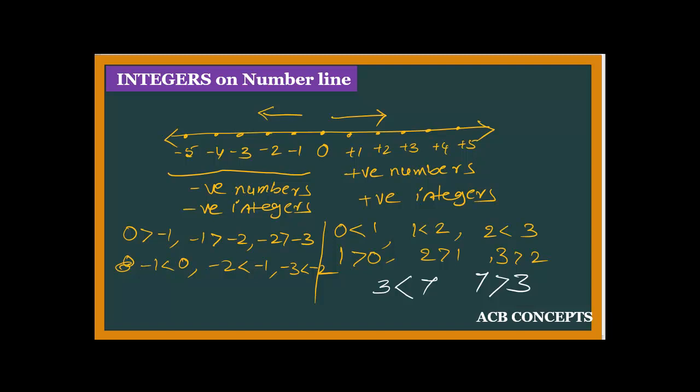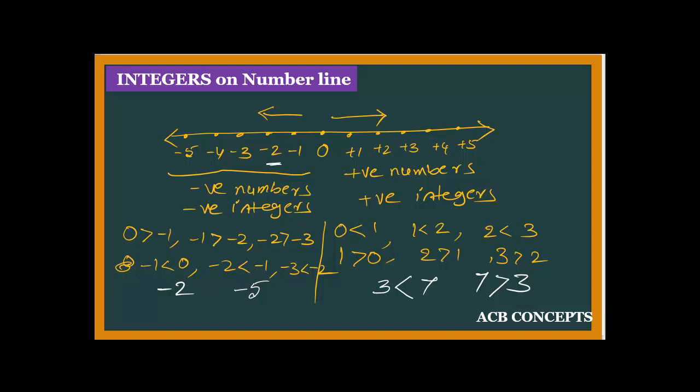Here also similar, -2 and -10. This -2 lies on the right side of the -10. For example, take -5 instead: this -2 is on the right side of the -5.